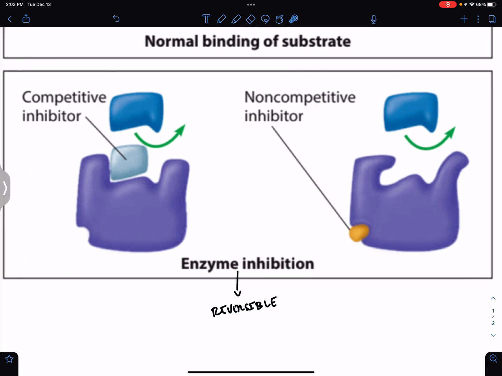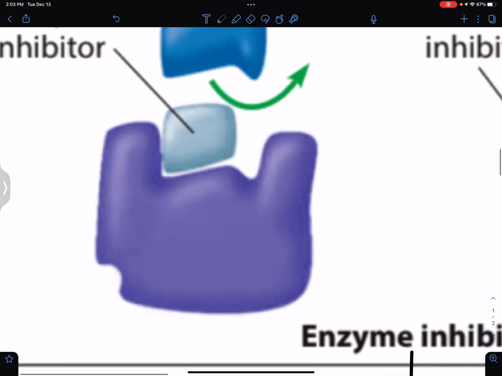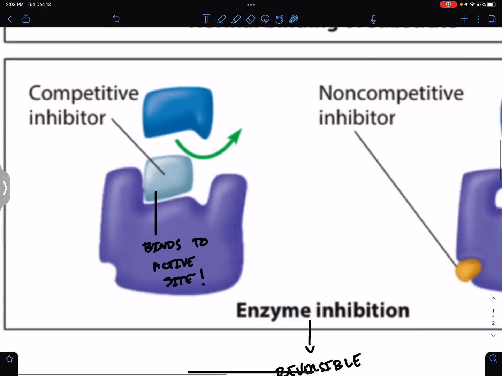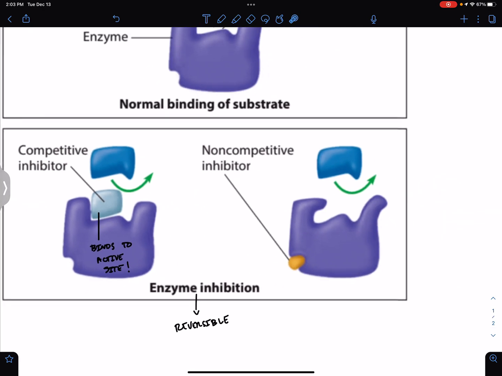Okay, so there are two basic types of inhibition. The first type of inhibition is called competitive inhibition, and this is where the inhibitor binds to the active site and prevents the substrate from binding. So it physically blocks the substrate and doesn't allow it to bind to the active site.